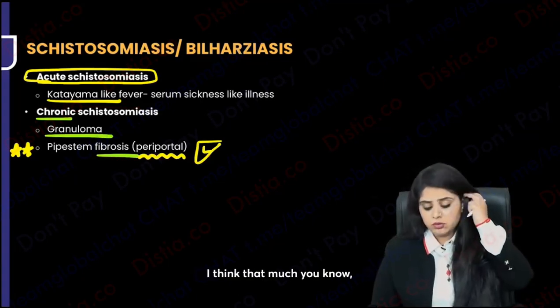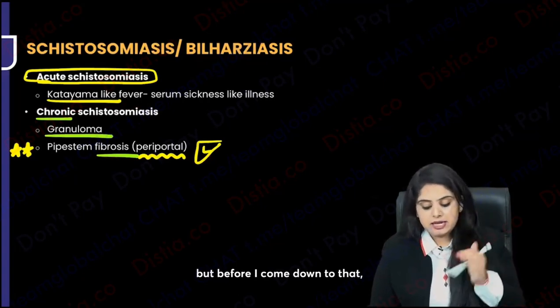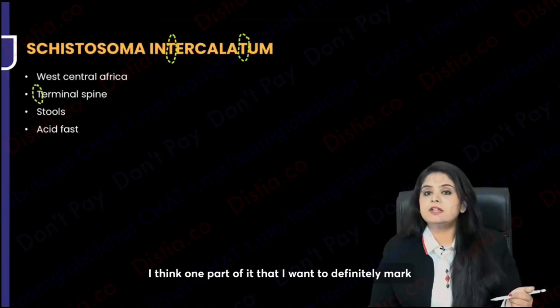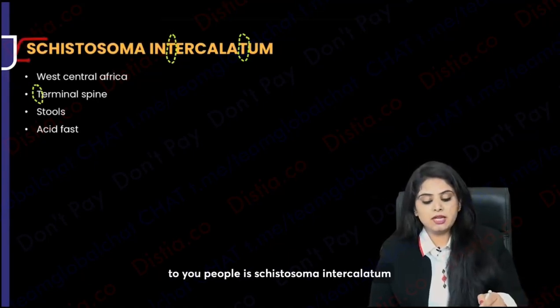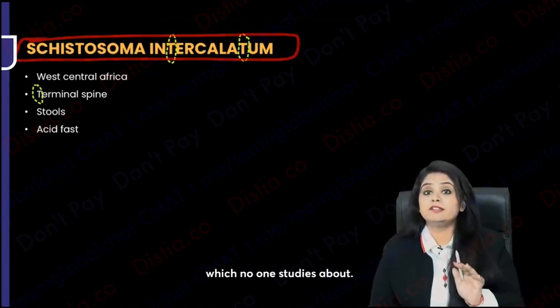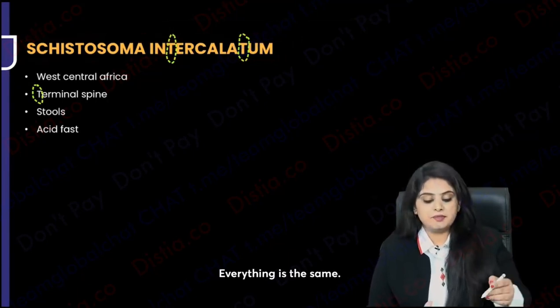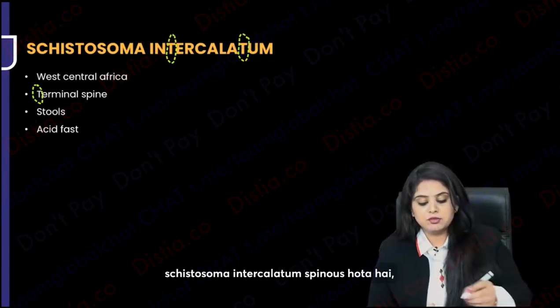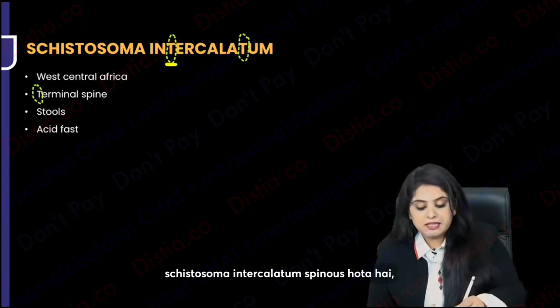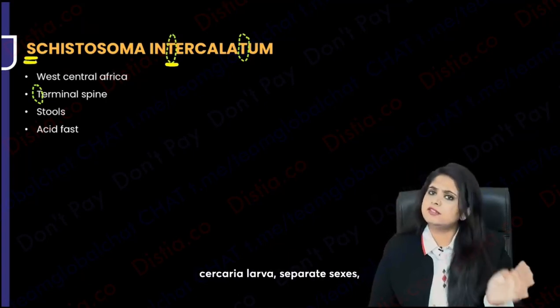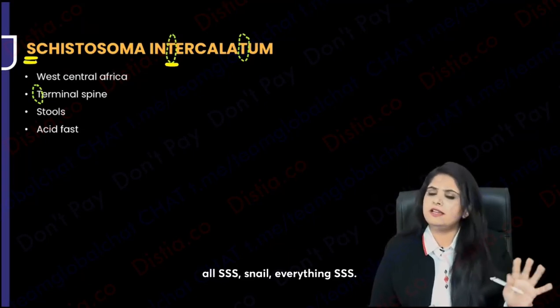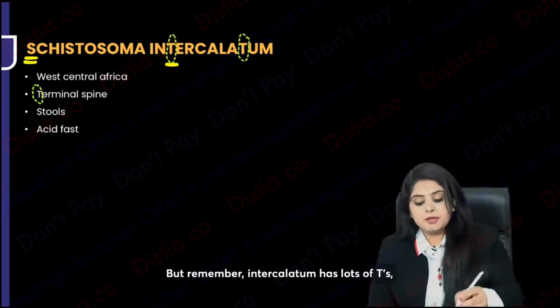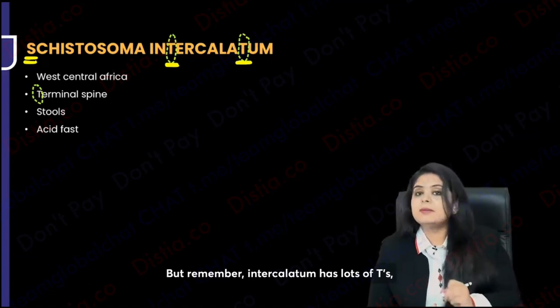I think that much you know, but before I come down to that, one part I definitely want to mark for you is Schistosoma intercalatum, which no one studies about. Everything is the same. You will say, ma'am, Schistosoma intercalatum, spinous, cercaria larva, separate sexes, snail, everything SSS. But remember, intercalatum has lots of T's.